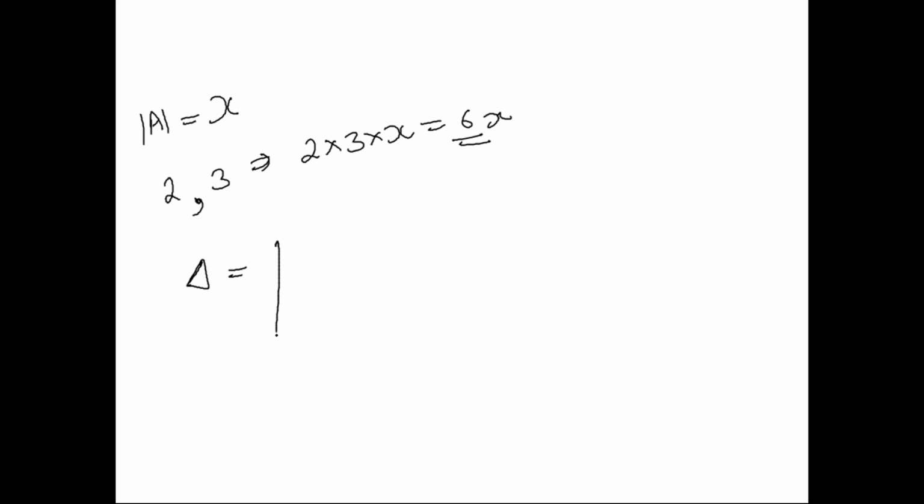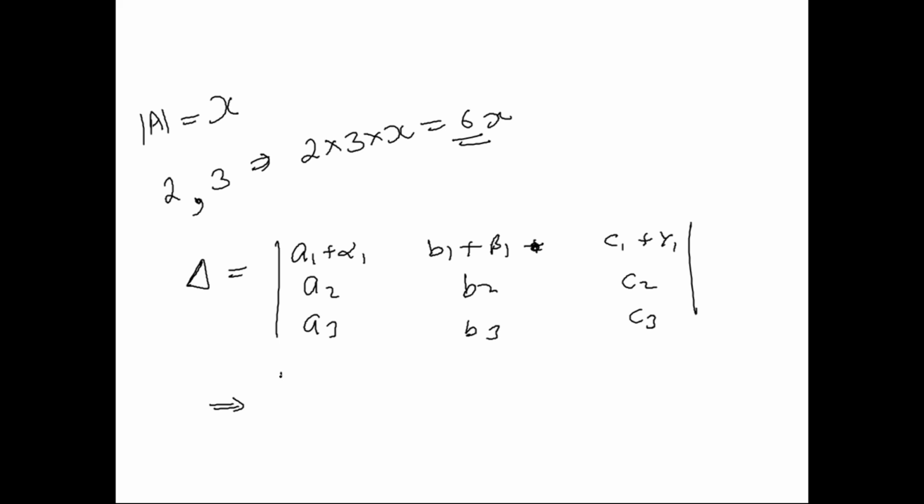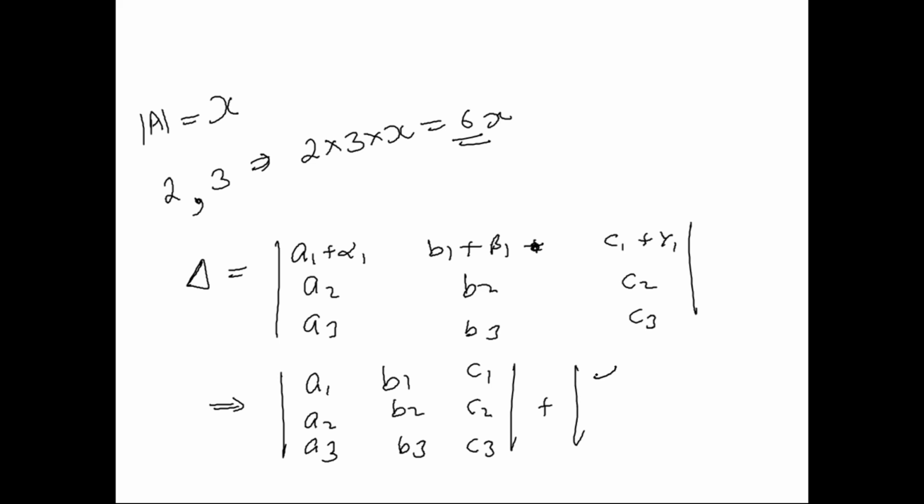This means, let us say we have to find the determinant with entries a1 plus alpha 1, b1 plus beta 1, c1 plus gamma 1, and a2, a3, b2, b3, c2, c3. So this determinant can be expressed as the sum of this determinant and this determinant.